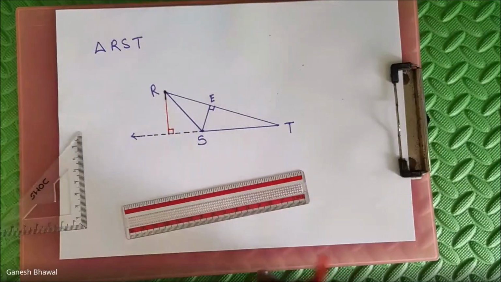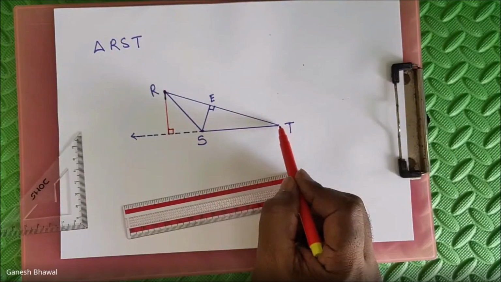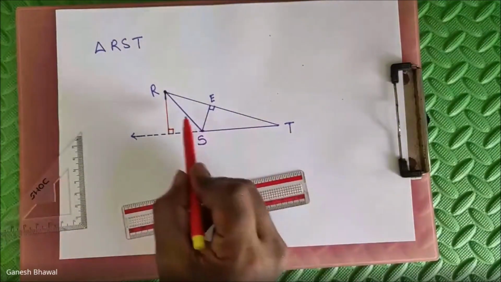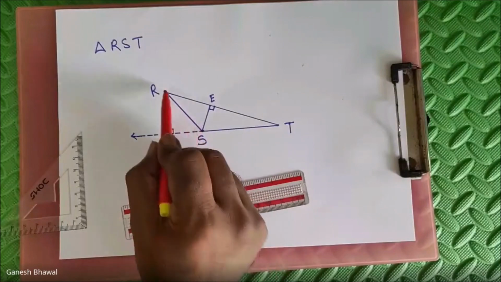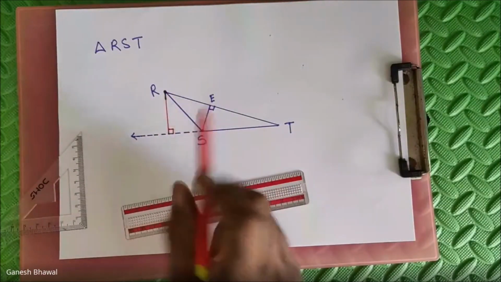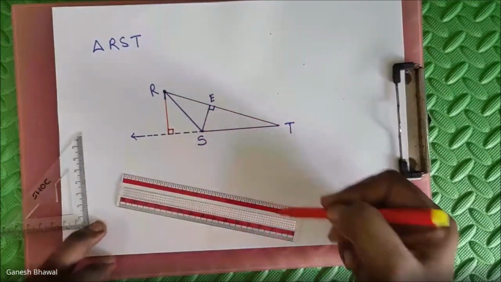Similarly, for vertex T, it's not possible to draw a perpendicular on this area. So we have to extend side RS again towards the right side.